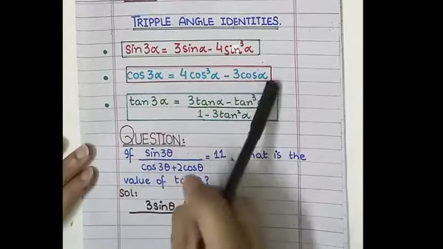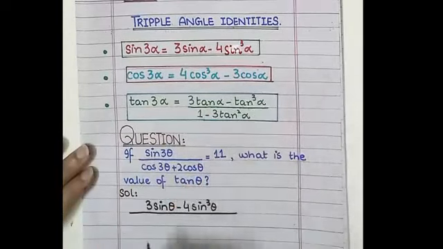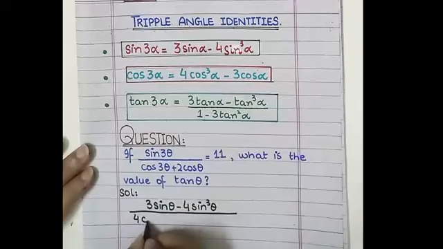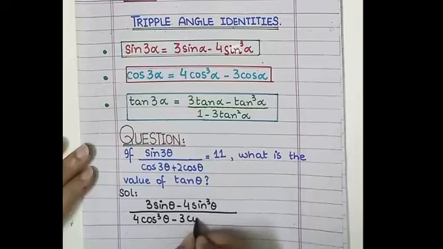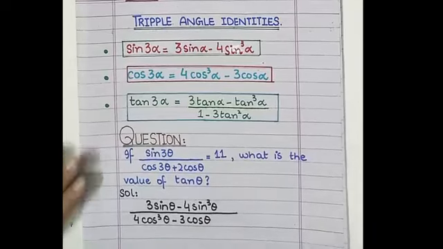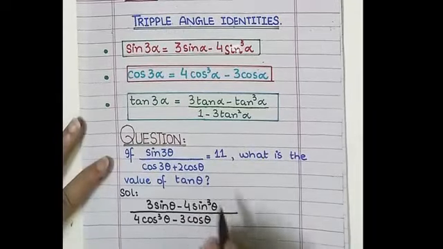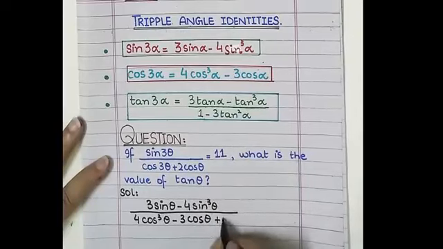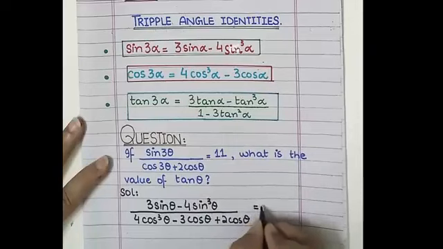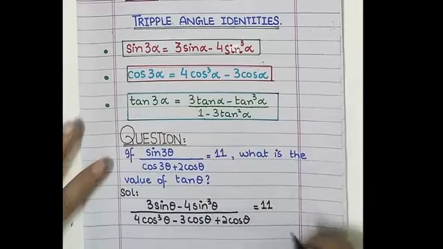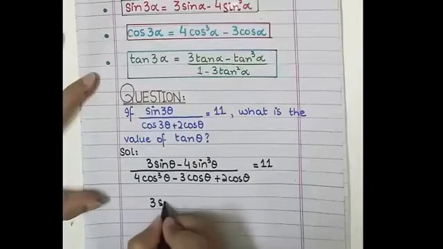Writing it in terms of theta, 4 cos cube theta minus 3 cos theta. Now the value will be written as it is, plus 2 cos theta, and this is equal to 11.